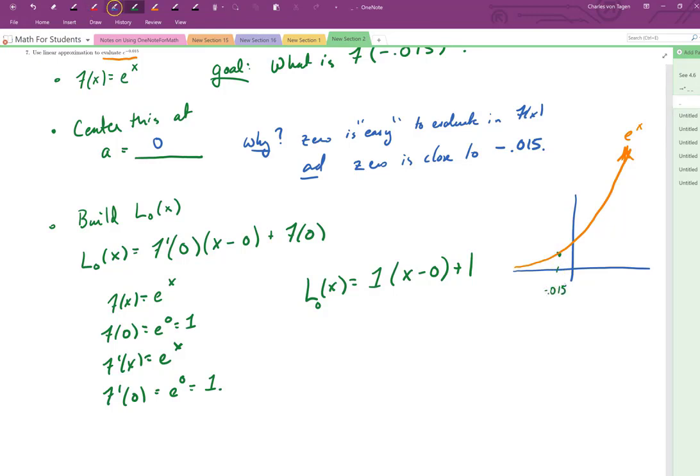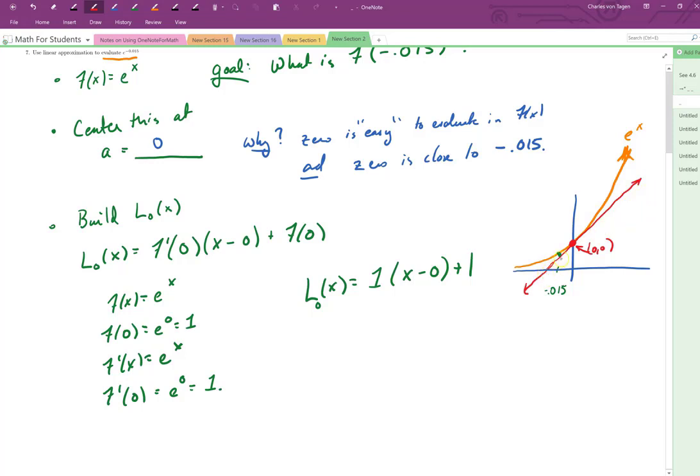This is our strategy. We come up with the tangent line at a point that's easy to evaluate. That's our anchor point right there, the ordered pair 0, 1. So we built the tangent line in red right here.